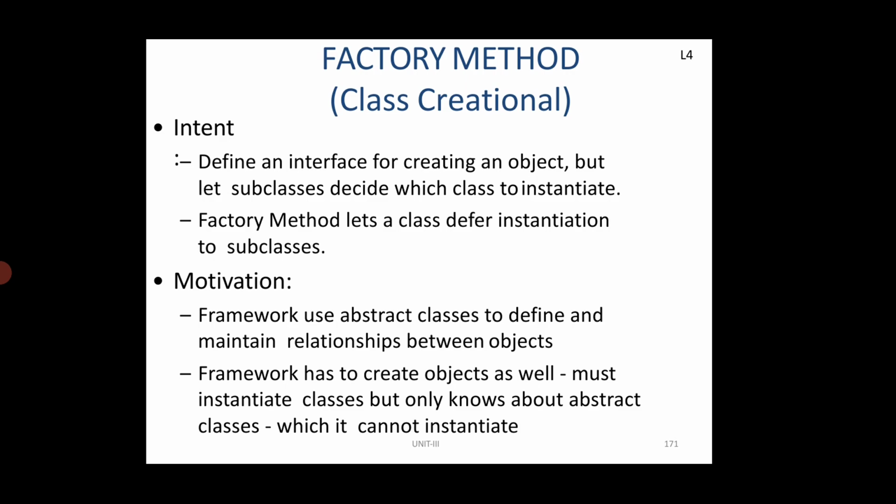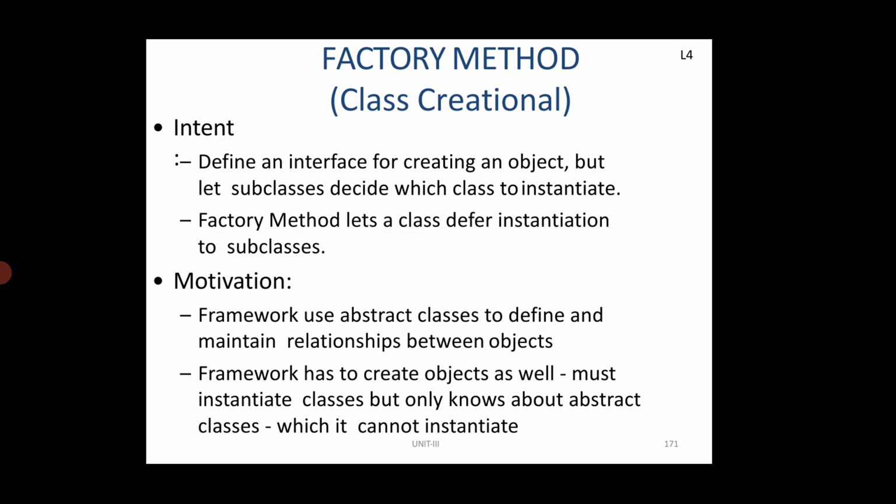What is the meaning of abstract classes? An abstract class is a class which contains methods that are declared but not implemented in the code. It contains at least one abstract method.